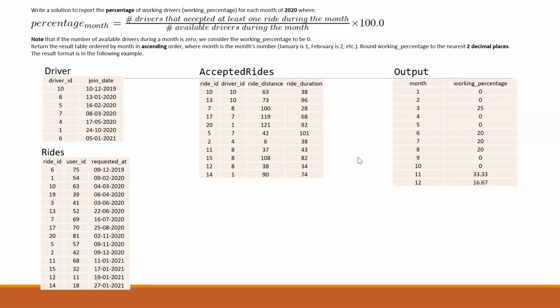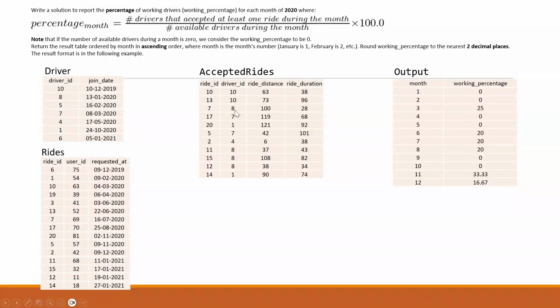Okay, so now to solve this question, we are going to have a very similar approach to what we had in the last question, right? First of all, we will calculate the numerator. We will find the number of drivers that accepted at least one ride during each month, right?